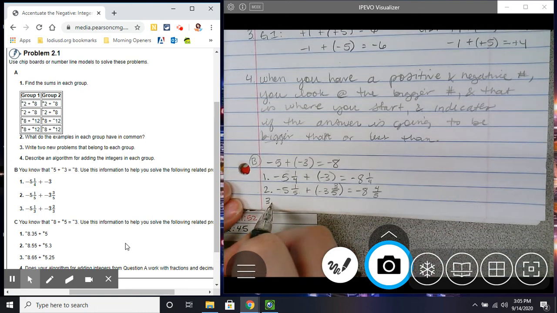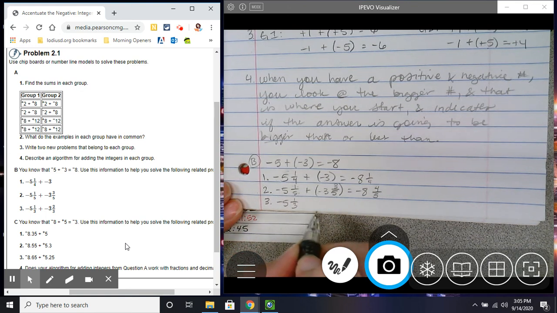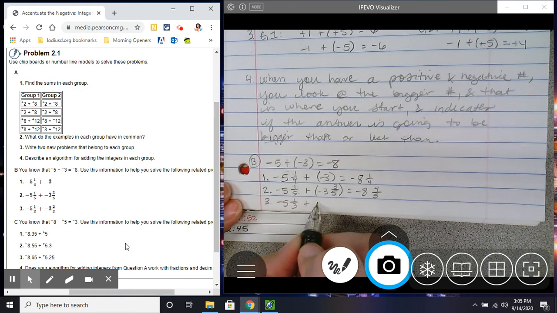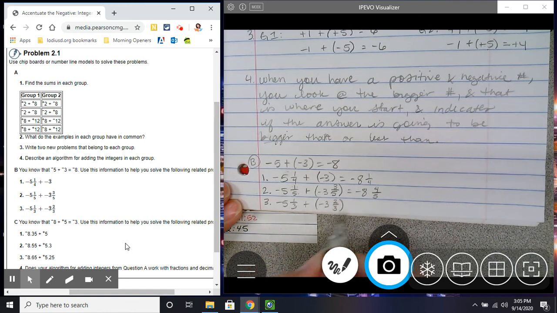And then number 3 is negative 5 1/3 plus negative 3 2/3. Again, it's the same thing here. I know the negative 5 plus negative 3 is negative 8, and then 1 of 3 parts plus 2 of 3 parts would be 3 of 3 parts, but that equals 1 whole.